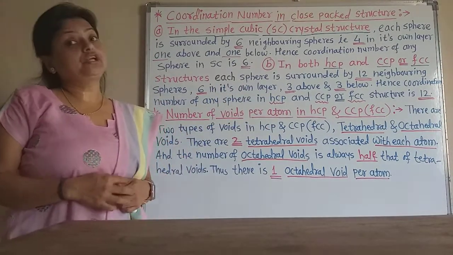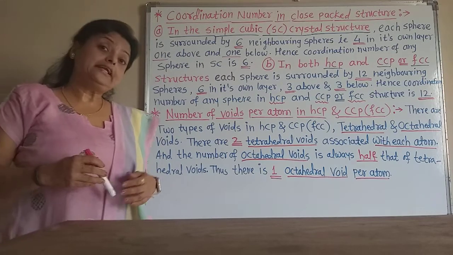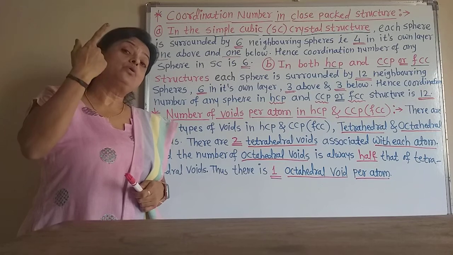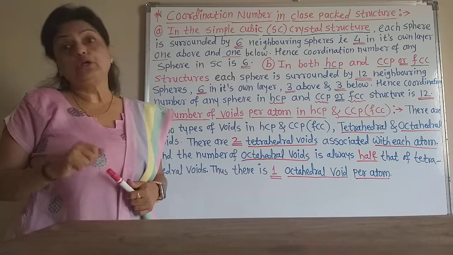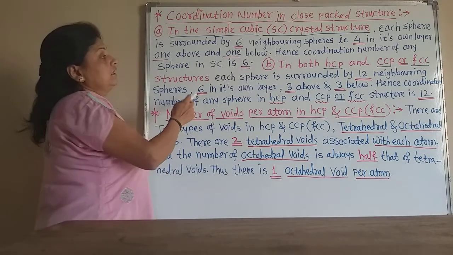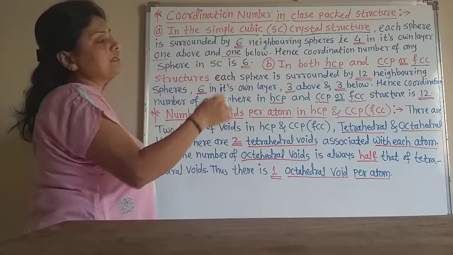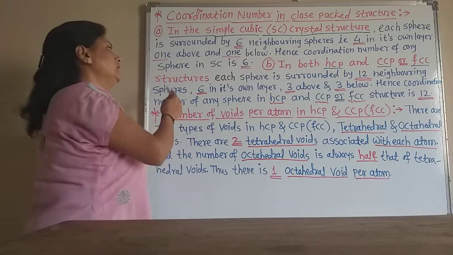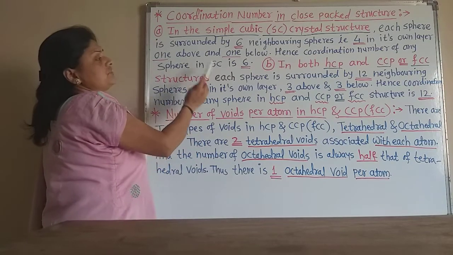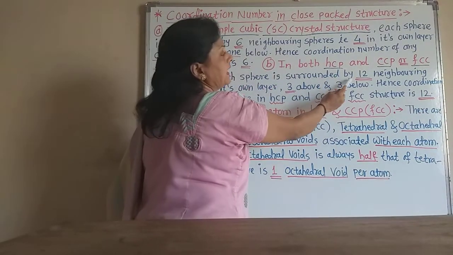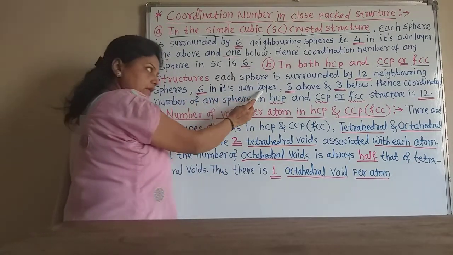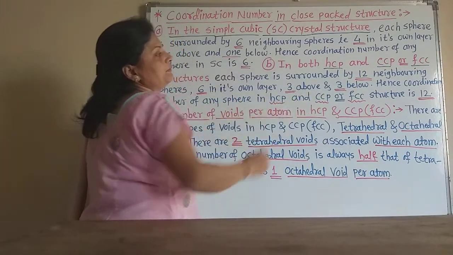So the coordination number is 12, that are 6 in its own layer, 3 in the above layer, and 3 in the below layer.